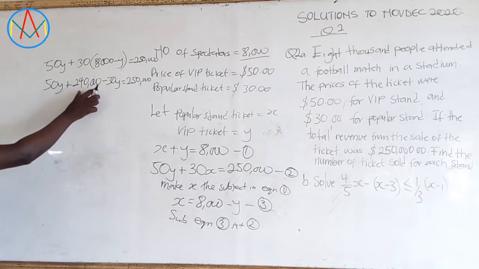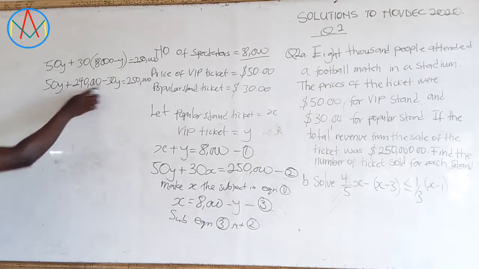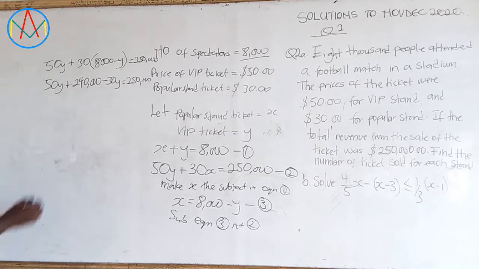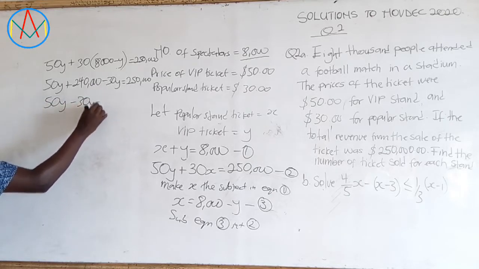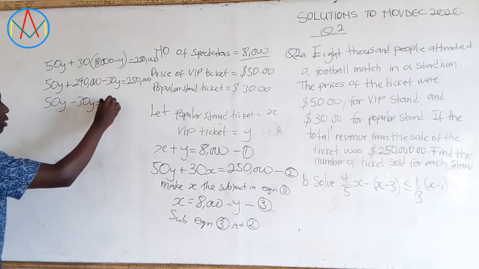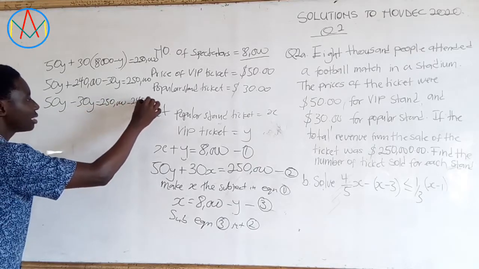Now I'm going to transpose this to the other side, and then I'll subtract this 30 from 50. So 50Y minus 30Y equals 250,000 minus 240,000.